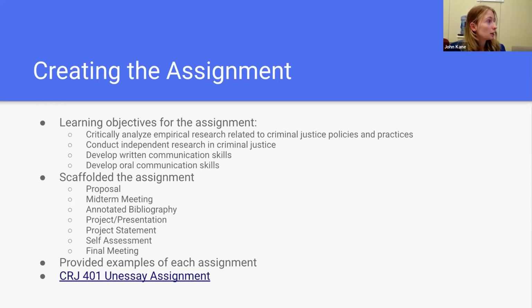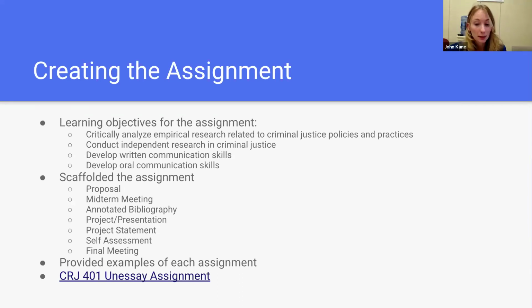So it was a bit of a time-consuming project to set up because I provided exemplars of every stage of this project. That included example proposals, example annotated bibliographies, examples of the actual Unessay, and creating all of those self-assessments.